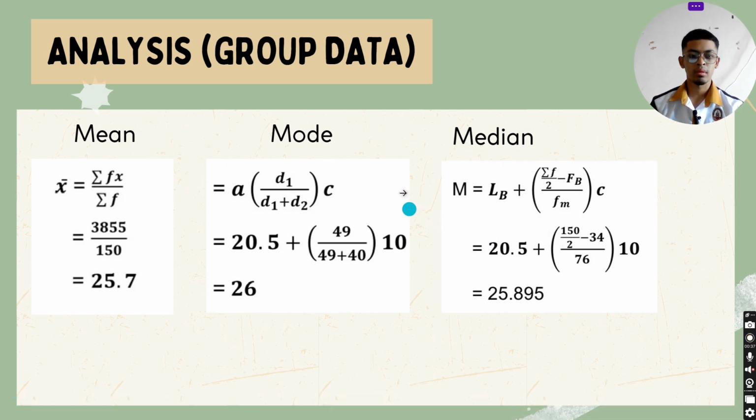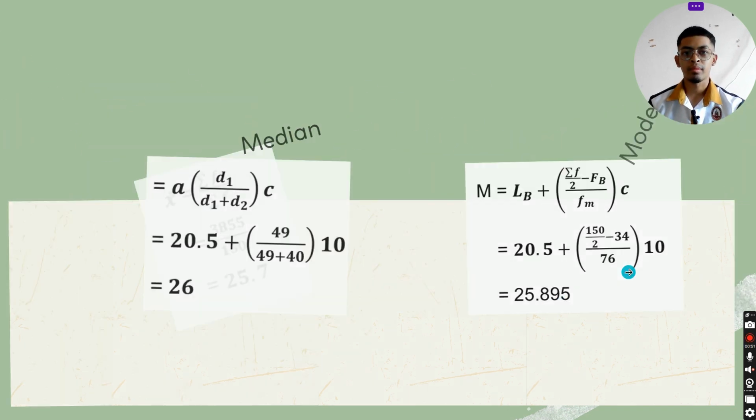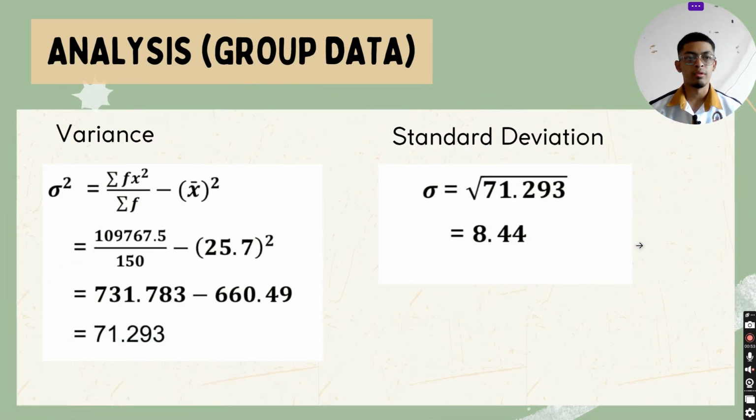For the median, we need to be careful because the formula is quite complicated. When we substitute the values, we get the answer for the median is 25.895. Next, we have the variance, where the formula is the sum of fx squared divided by the sum of f, minus the square of the mean.